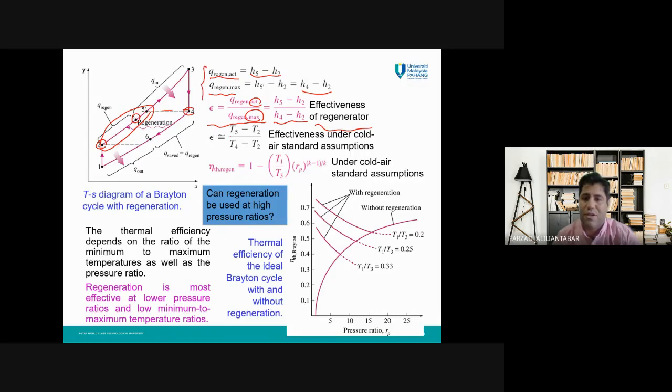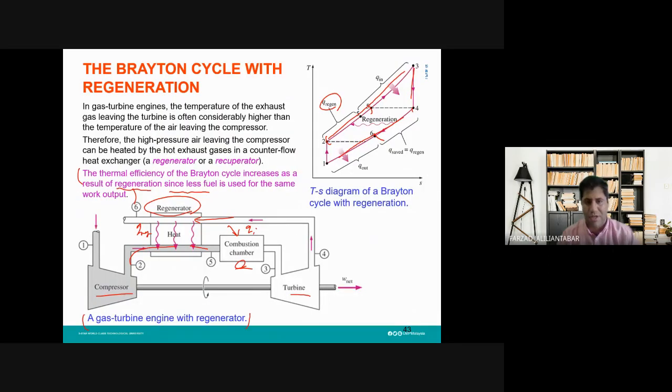Under cold air standard assumptions, because these are constant pressure processes, we have Cp for both of them, and we cross it out. Then the effectiveness of the regenerator based on the air standard assumption can be calculated by this equation, which only needs the temperatures at these 4 different states. The states are shown here.